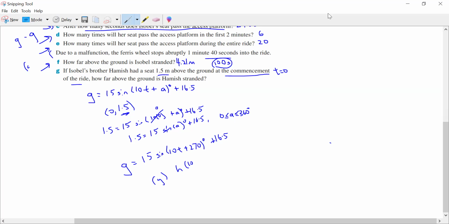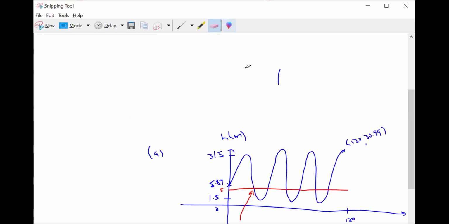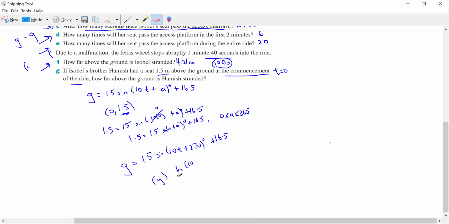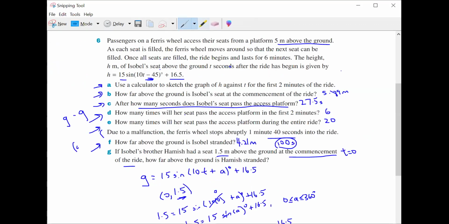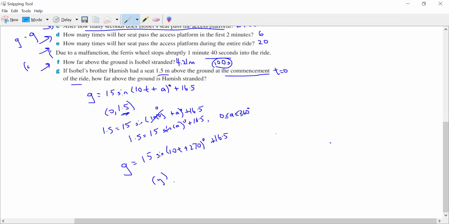Because we call it a G function, G of 100 equals 13.89 meters. So basically, Hamish is stranded 13.89 meters above the ground.